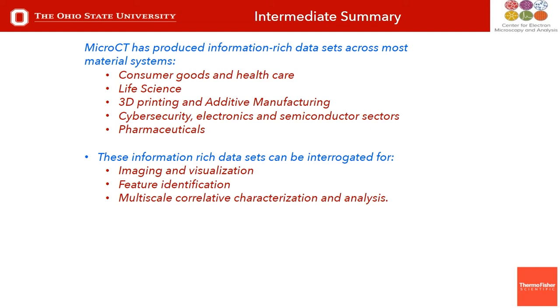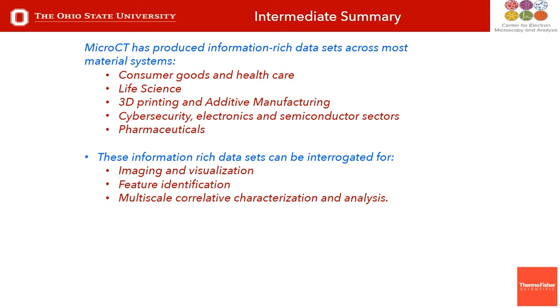But I would hope, just as a quick little summary of what we've talked about here, I've gotten across that these data sets from the CT are extremely information rich. They are chock full of information, and we need to just collect the data and then go in and pull it out. But the versatility of the machine allows us to look at really almost any type of material, as long as it's not too dense.